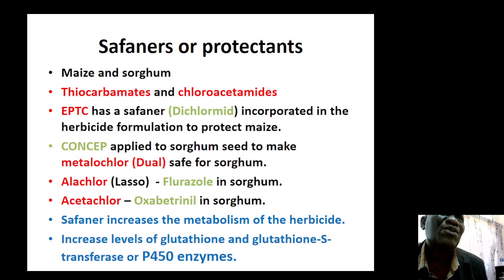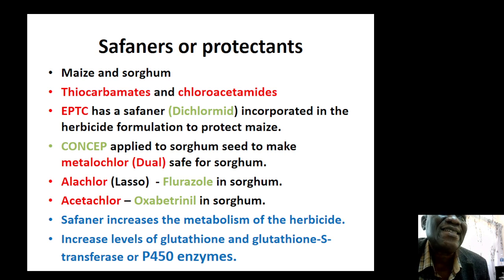We talked about safeners and protectants in maize and sorghum. Normally, the herbicides belong to the group thiocarbamates, for example EPTC, and the chloroacetamide metolachlor.